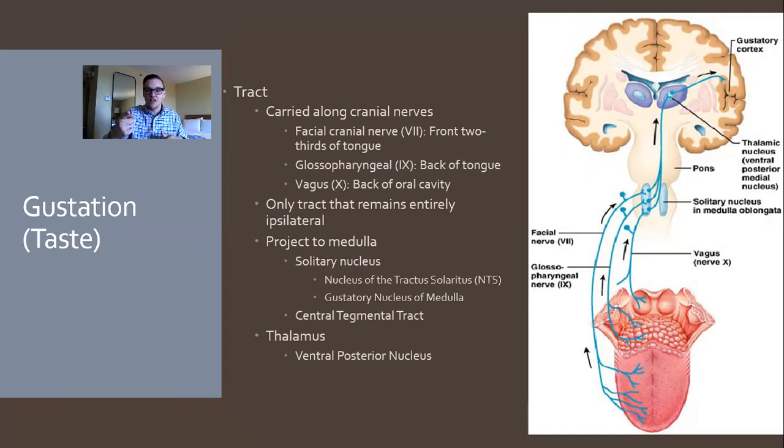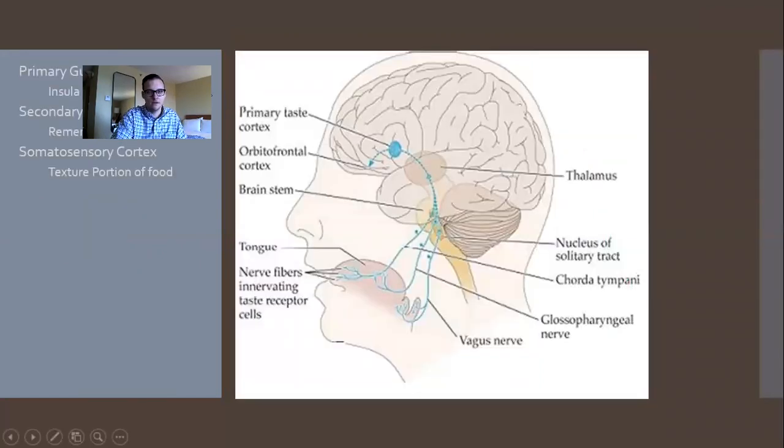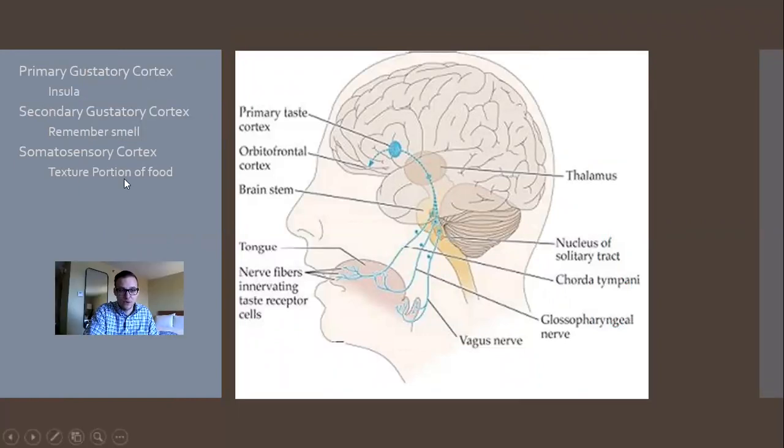Well, that information from the tongue goes through the ventral posterior nucleus, and it goes to several areas, one of which is the somatosensory cortex.